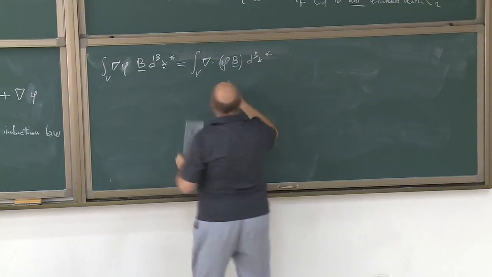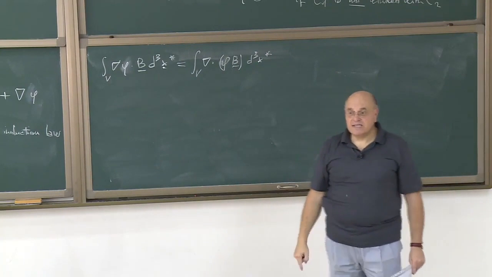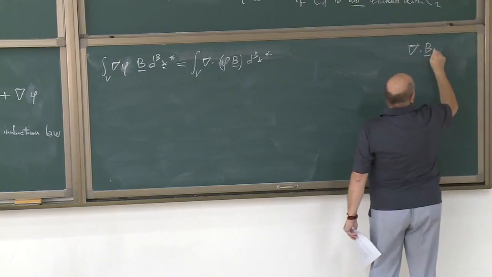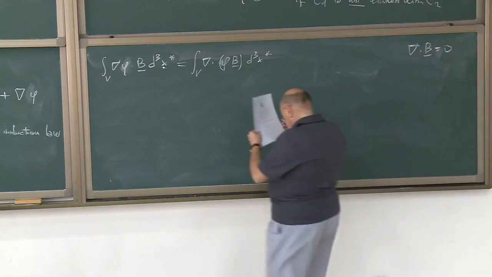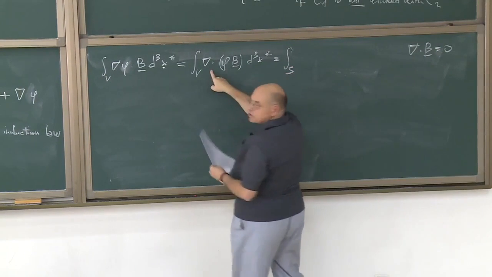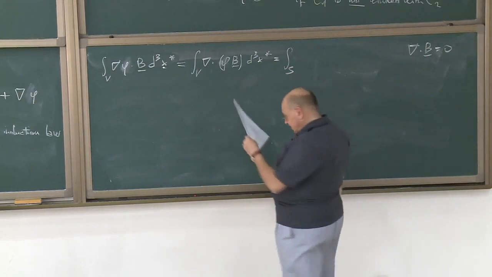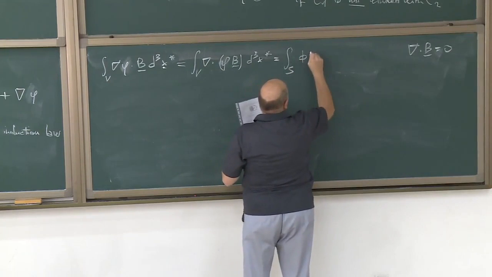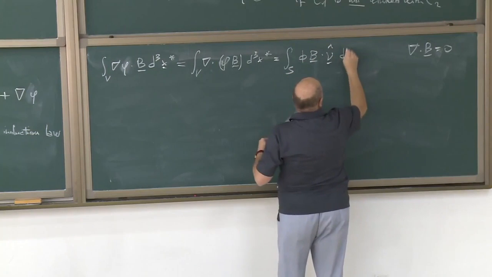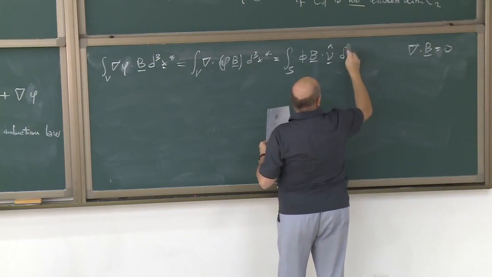This is because, remember, B is divergence-less. We use the condition div B equals 0. And using the divergence theorem again, this is the flux of phi B through the surface, n dot, d2x.